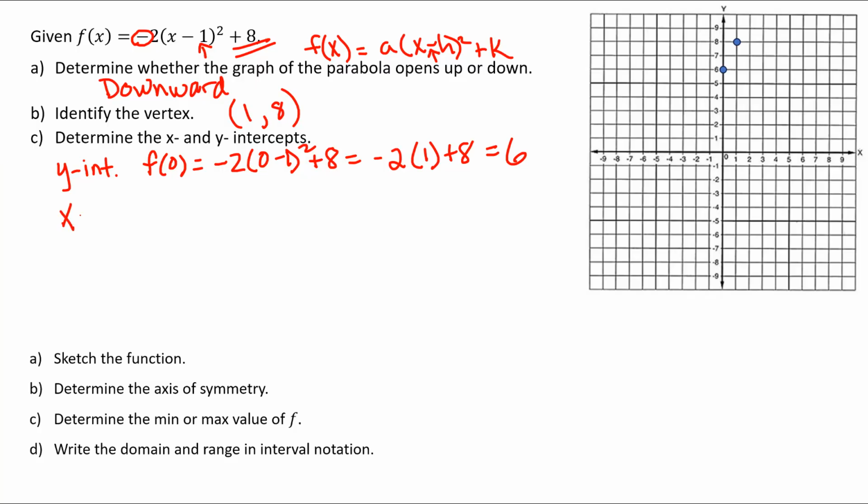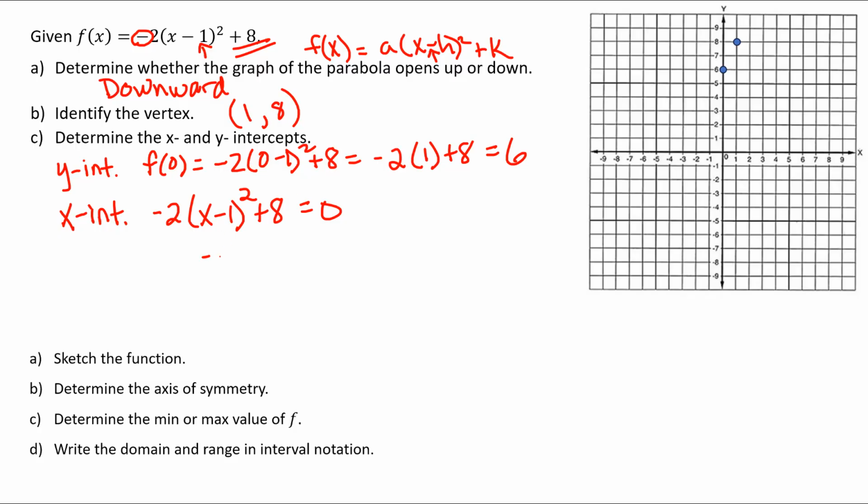Now we want to find the x-intercepts. The x-intercepts are when the function itself equals 0. So we take the whole function, negative 2 times (x minus 1) quantity squared plus 8, and set it equal to 0. That is going to tell us our x-intercepts.